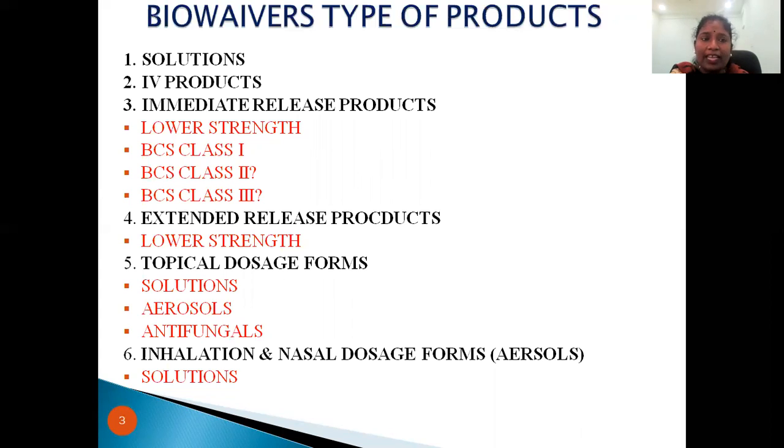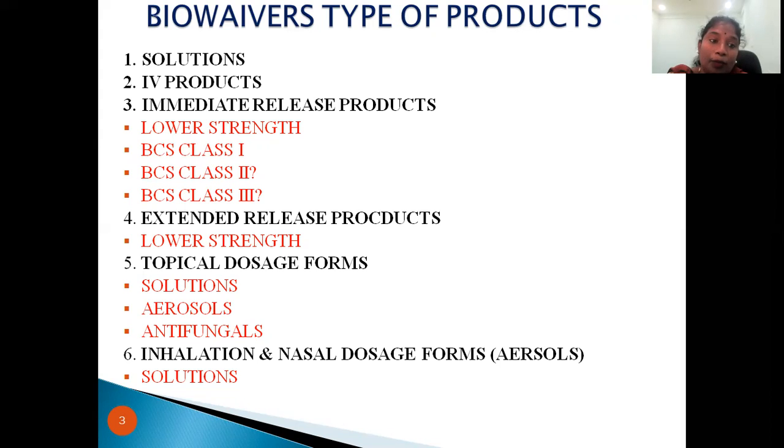So next, we will now discuss the biowaivers and the types of products. What are the different products we are considering? Solutions, IV products, and immediate release products like low strength, very important, you have to consider the low strength drugs only.